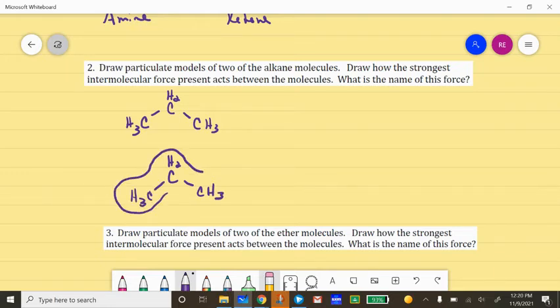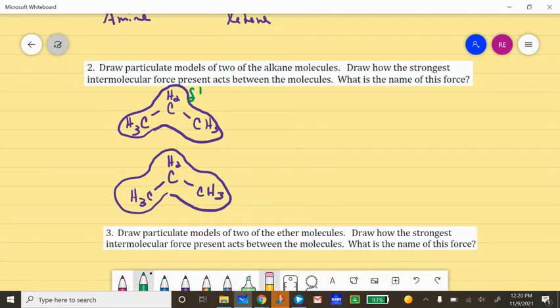Kind of looking at this as a particle, London dispersion forces are going to be when an instantaneous dipole is created because there's a shift in electrons. So I'm going to say with this one, we've got a partial positive at this end and a partial negative due to the shift in electrons, which would cause a partial positive on the molecule underneath of it and a partial negative on the other end.